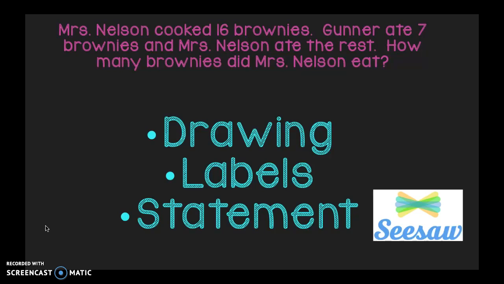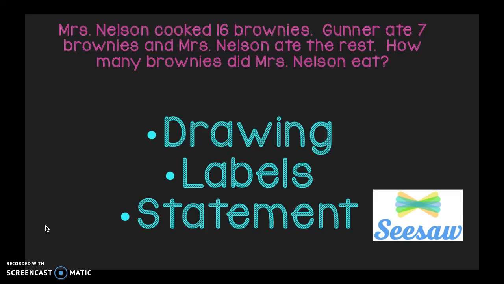I want you to make sure that you have a nice drawing with labels and then ending up with a statement. Please make sure you get all of those different steps and be thinking of our rubric. Is your work showing your practitioner skills, or are you still stepping into that category? Are you still working in a novice or an apprentice area? Your goal should be practitioner at this point.